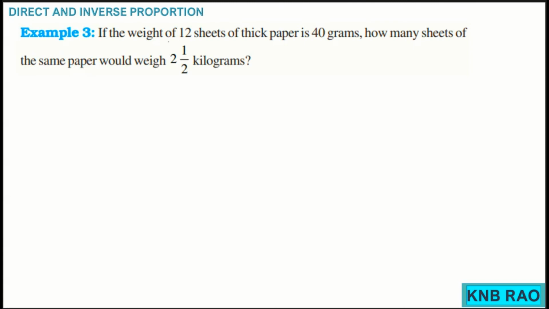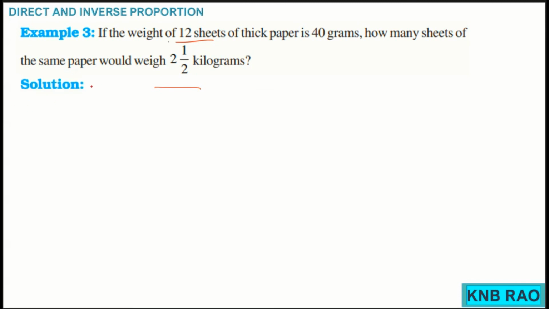Now coming to example number 3. If the weight of 12 sheets of thick paper is 40 grams, how many sheets of the same paper would weigh 2.5 kg? So this is question number 3. See children, we'll go for the solution now.